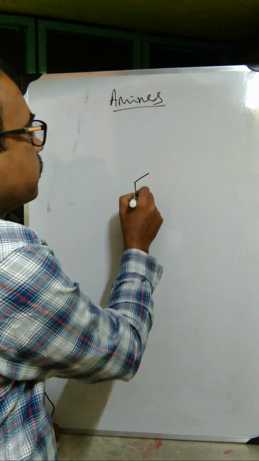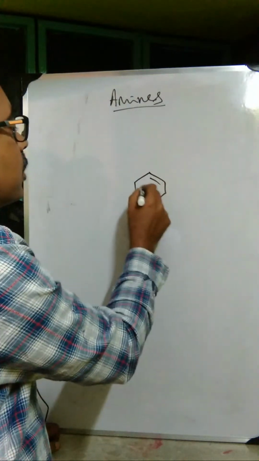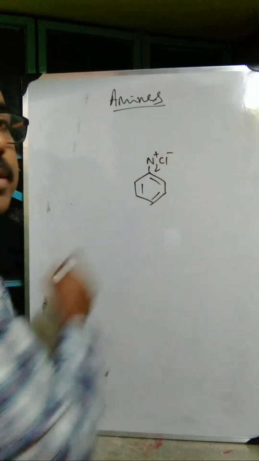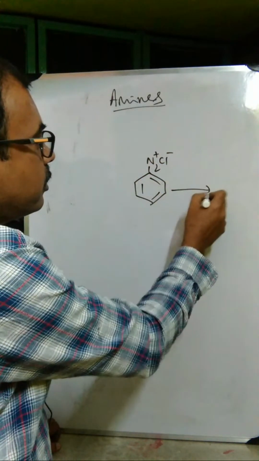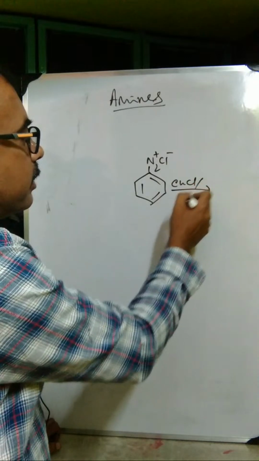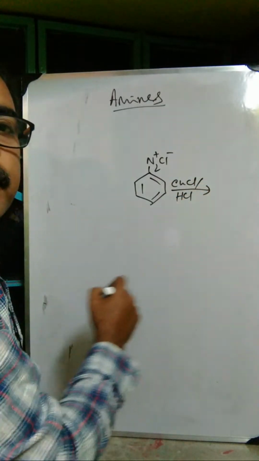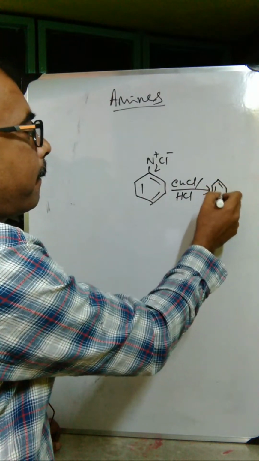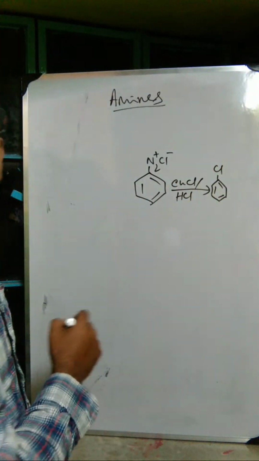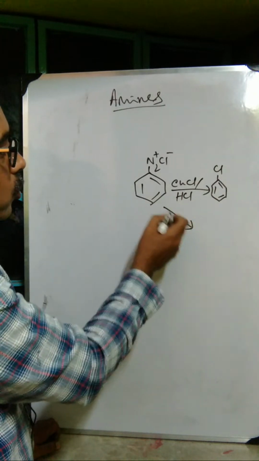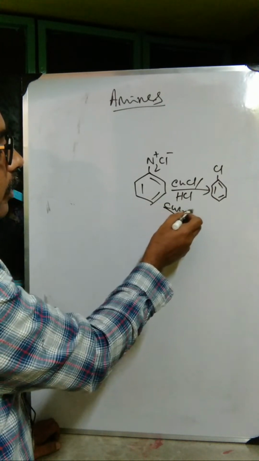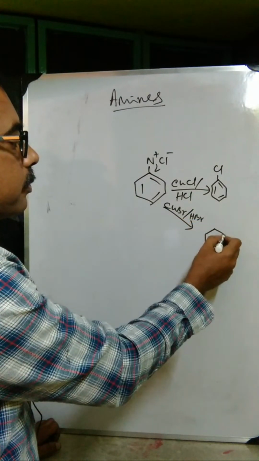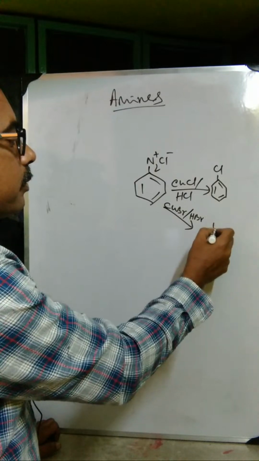This one is diazonium chloride, N2 plus Cl minus. Sandmeyer reaction: CuCl, HCl, and you get chlorobenzene. CuBr, HBr, you get bromobenzene.